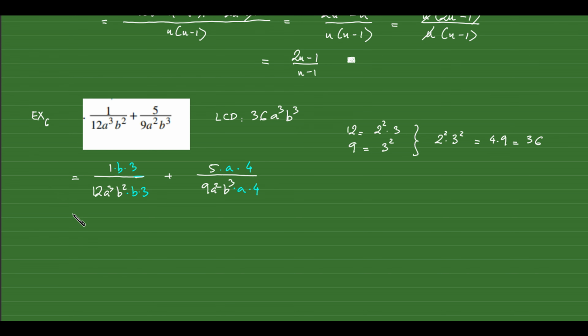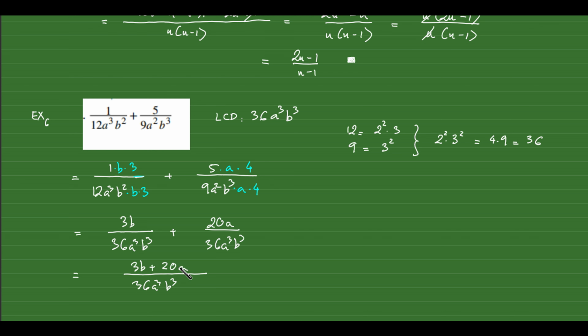All right. So right now, we're going to go ahead and write them. Just multiply them together. With 3b, this gives you 36 a cubed b cubed, plus 20a over 36 a cubed b cubed. Now we have the same denominator, so we keep the denominator 36 a cubed b cubed, and we combine them together here.